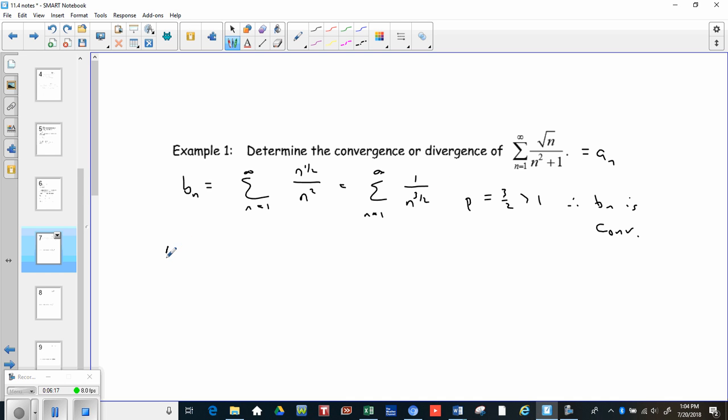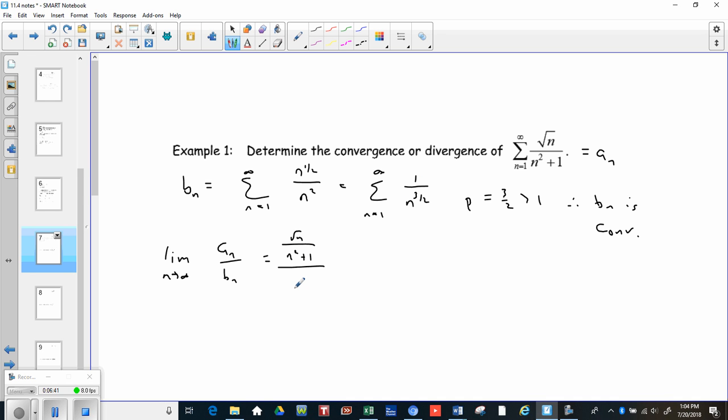So we're going to take the limit as n approaches infinity of a sub n over b sub n. A sub n, of course, is the original series, so that's going to be the square root of n over n squared plus 1.